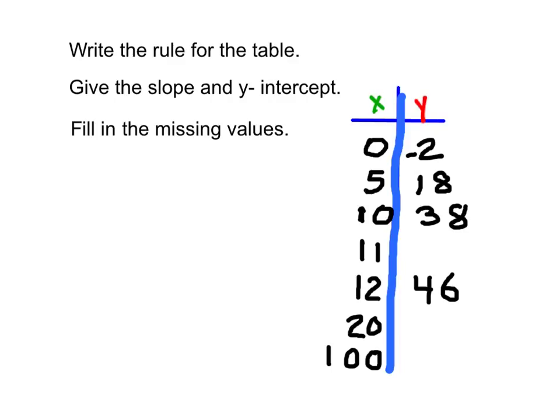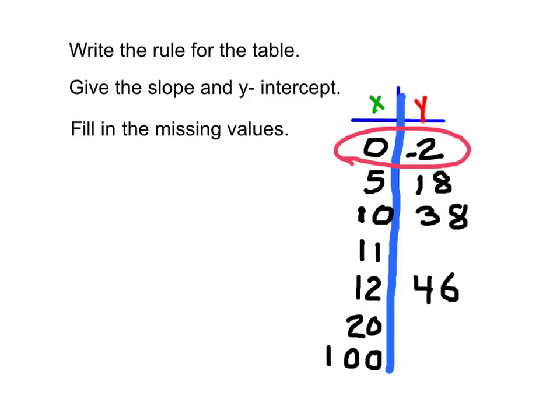Pause your video, write the rule for the table using slope and y-intercept, and fill in the missing values. Go ahead and pause your video. Welcome back from pausing the video. First of all, from my table, I can identify the y-intercept. It's right here. So in my rule, I'm going to have a -2.